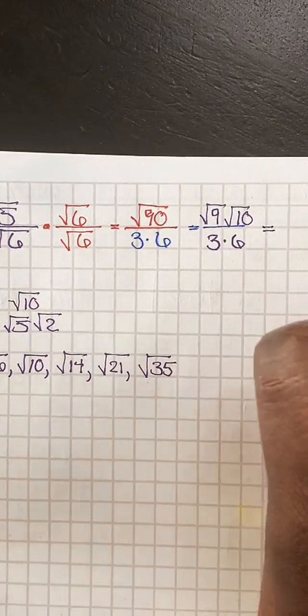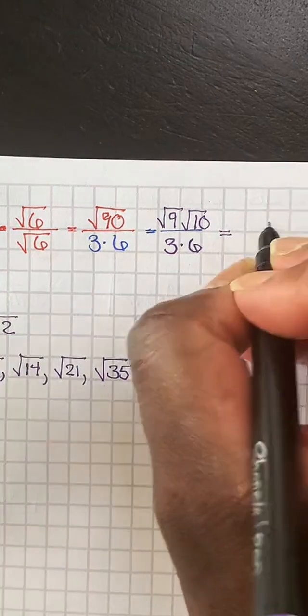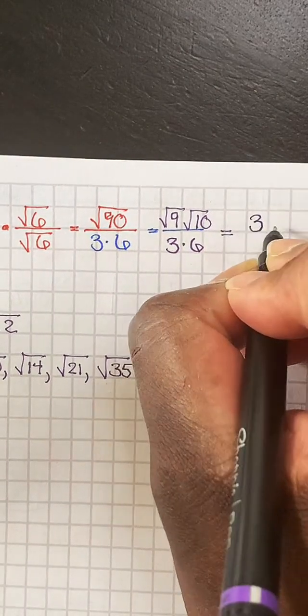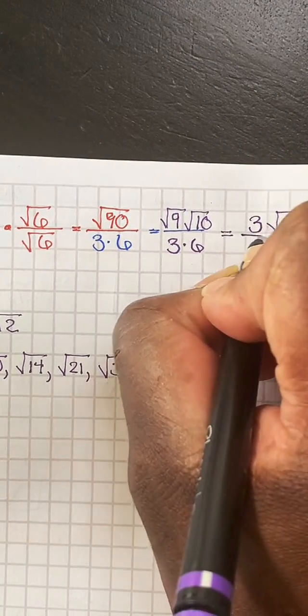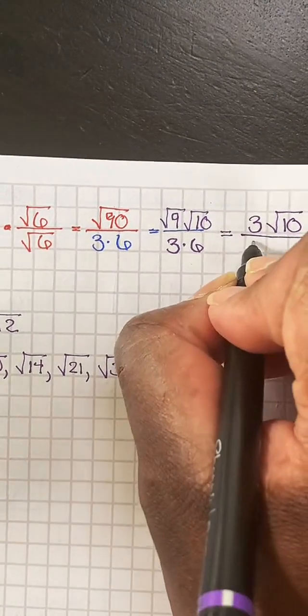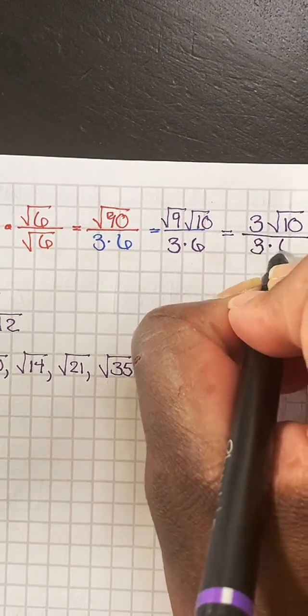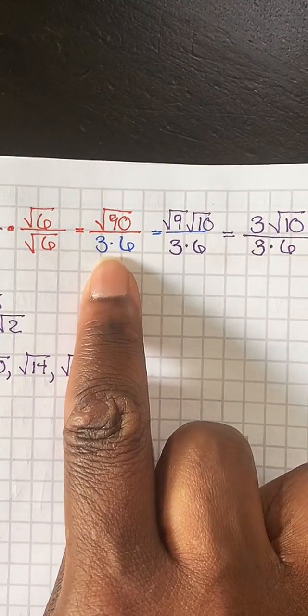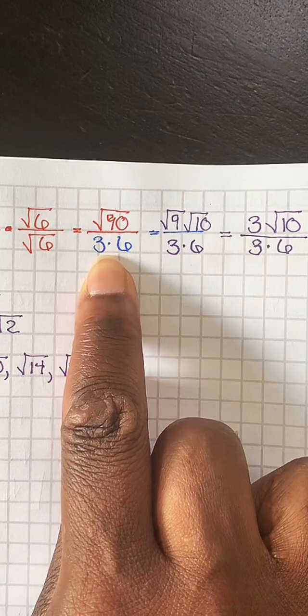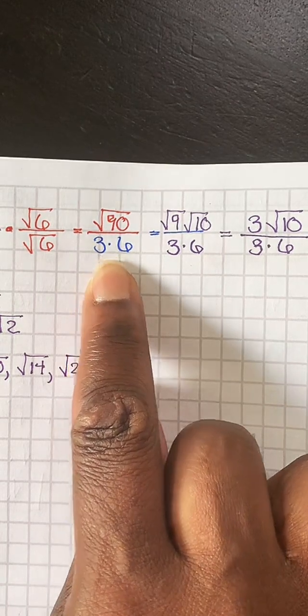Square root of 9 gives me 3. So my numerator, I have 3 times the square root of 10. My denominator, I have 3 times 6. So back here, it's tempting for me to just go ahead and multiply. But then take a look.